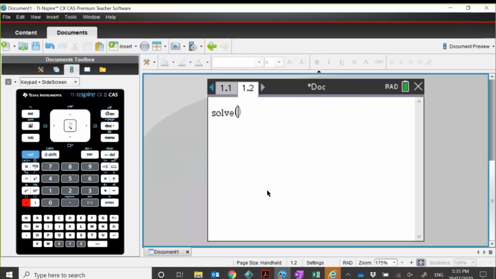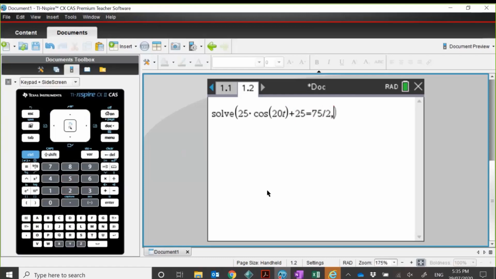I am going to solve my trig graph, which was 25 times the cos of 20t, then add 25, and I want that to be equal to 75/2.